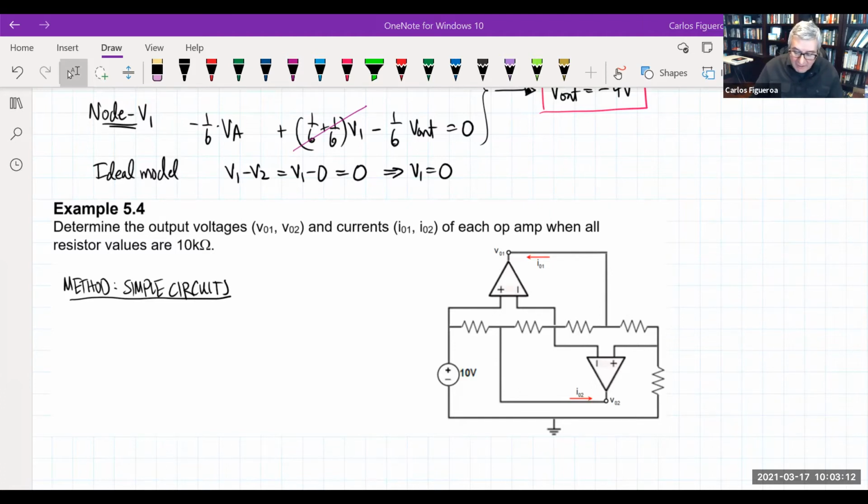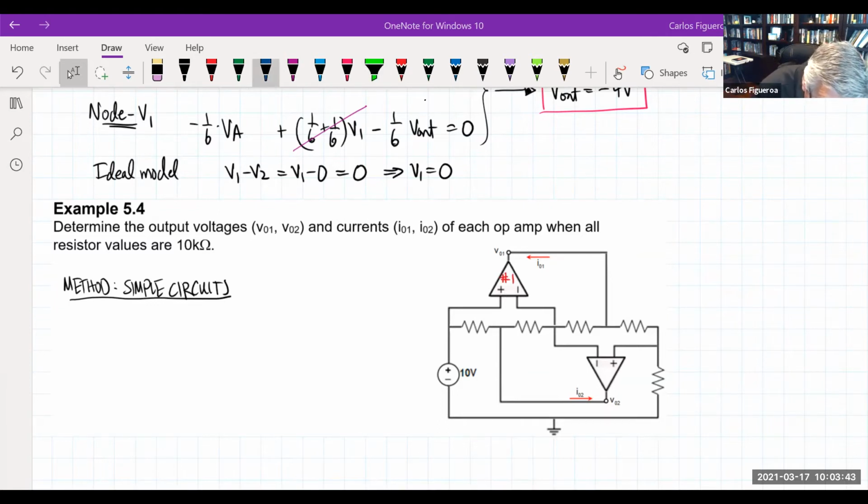And you could see that I labeled the output nodes as O1 and O2. So the first op amp I'm calling op amp number 1. The second one I'm calling op amp number 2 here. So this one here is number 1, and this other one, of course, is number 2 here.